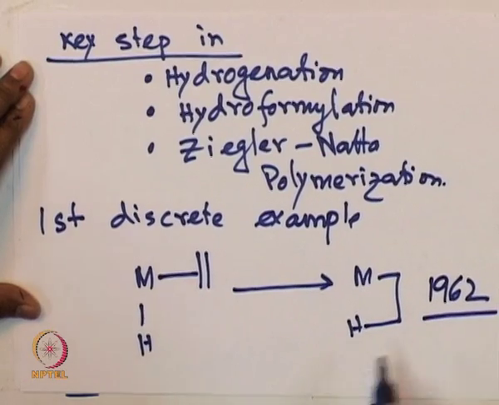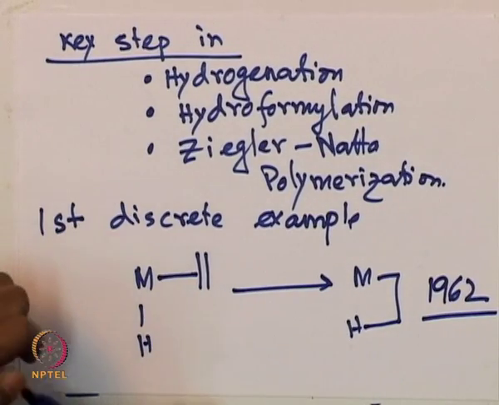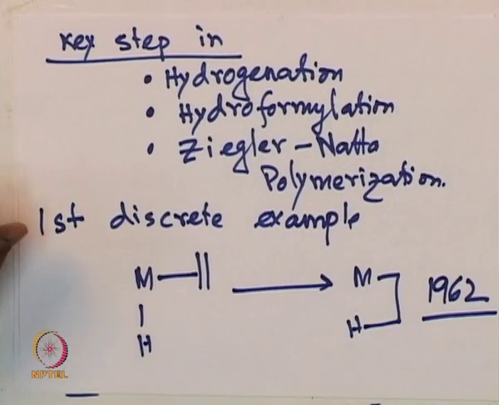This was demonstrated in 1962, where the metal olefin and hydride complex was synthesized, and then upon beta migratory insertion we can have the metal alkyl species.